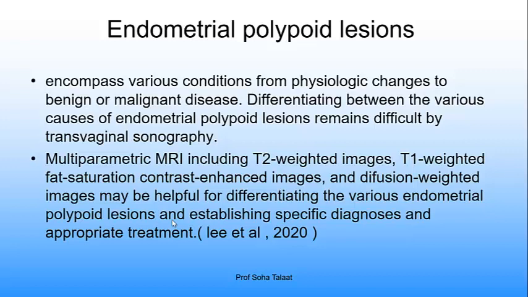But as we saw in the first slides, sometimes transvaginal ultrasound can be conclusive, especially if we add 3D and Doppler. Multiparametric MRI, including T2-weighted images, T1 fat saturation, contrast-enhanced and diffusion-weighted images, can be helpful in differentiating different types of endometrial polypoidal lesions to reach the specific diagnosis.